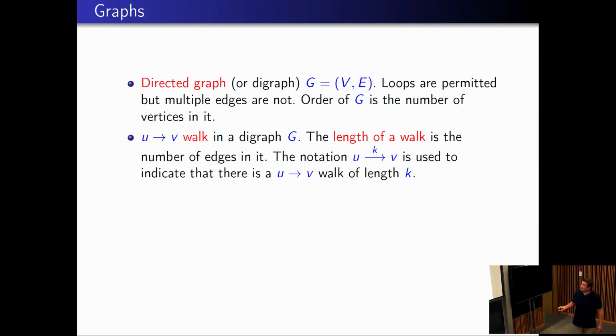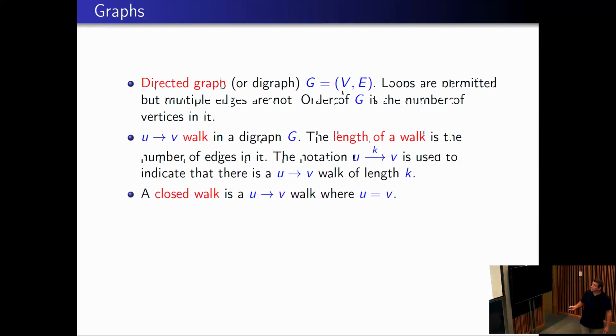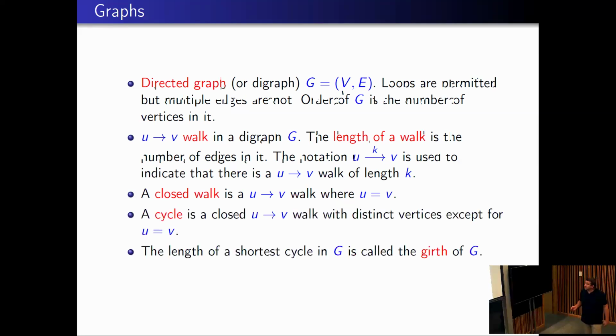A walk of length k is nothing but a sequence of k edges, one after another. A closed walk is one where the start and end points coincide.